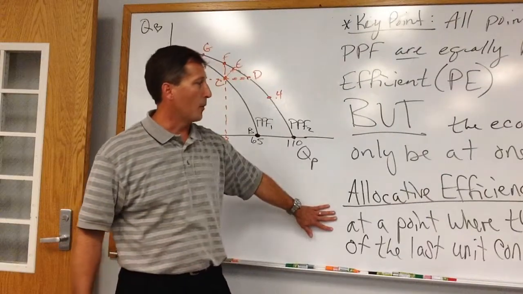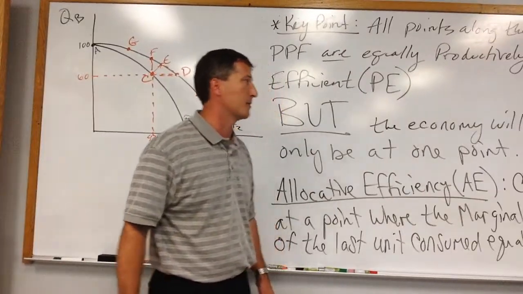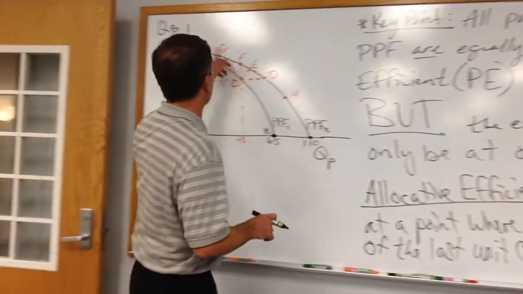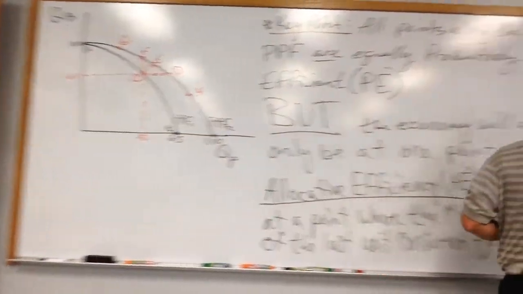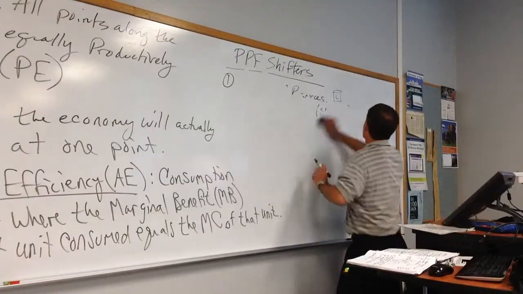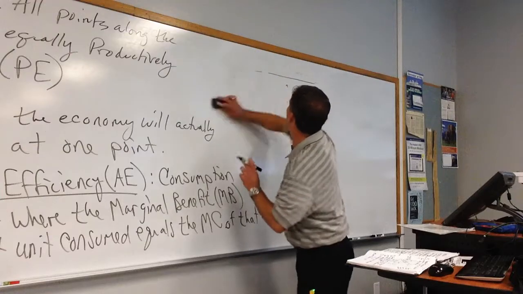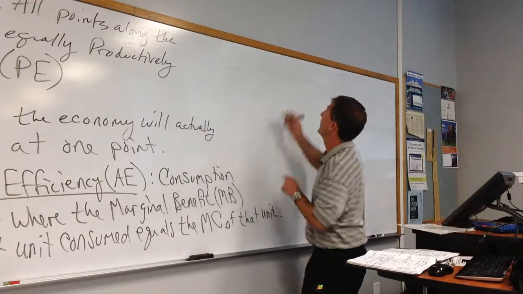So consumption at a point where the marginal benefit of the last unit consumed equals the marginal cost of that unit. That's only going to be at one spot along here, and that's where we decide where we want to be. The last thing I'll leave you with from this chapter is that point.